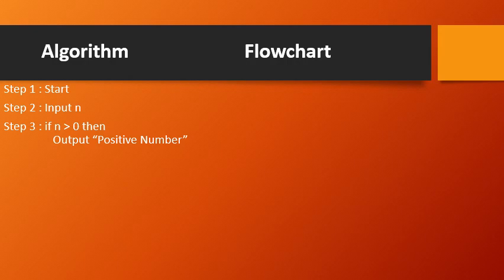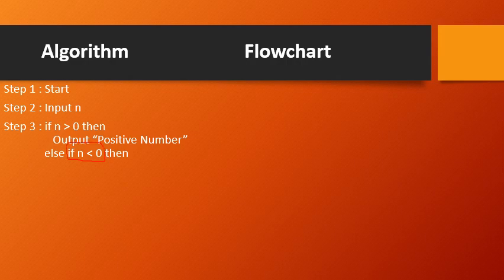What is the other possibility? This n greater than 0 could be false. If it is false, then the else statement will be taken care of. Here in the else, we need to check for another condition. In the second condition, we will check whether that number n is less than 0. You may see here, the second time we are writing: if n is less than 0.